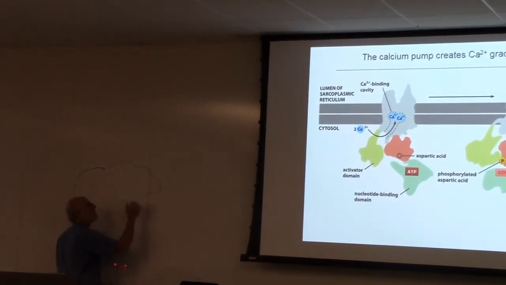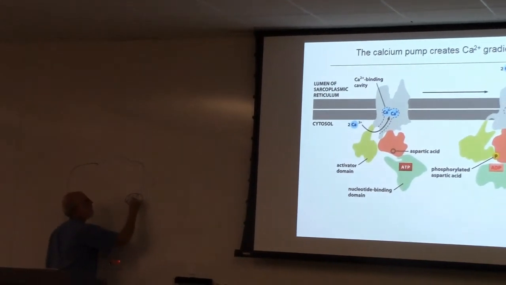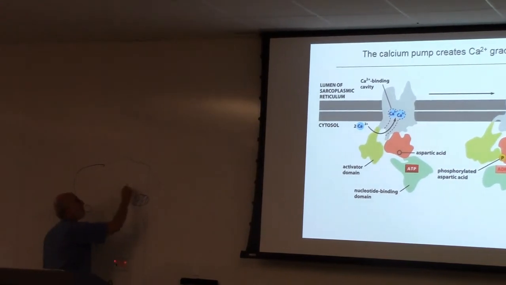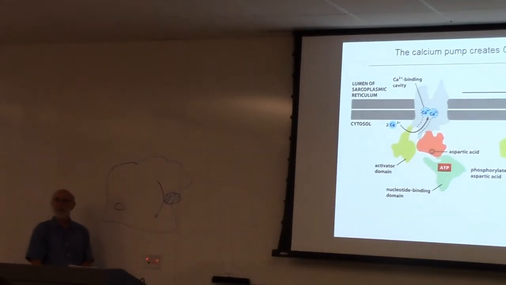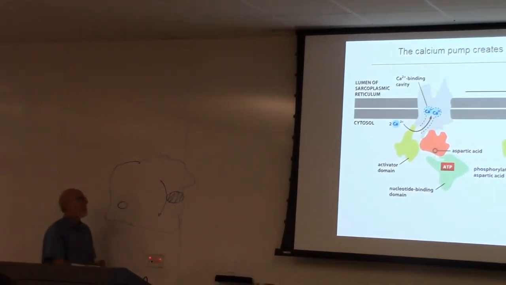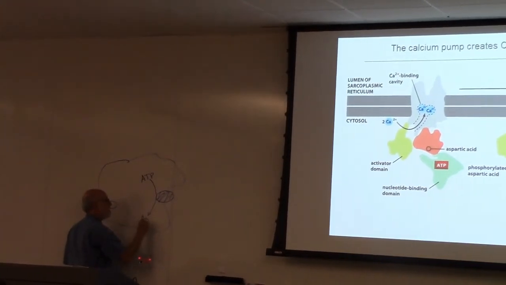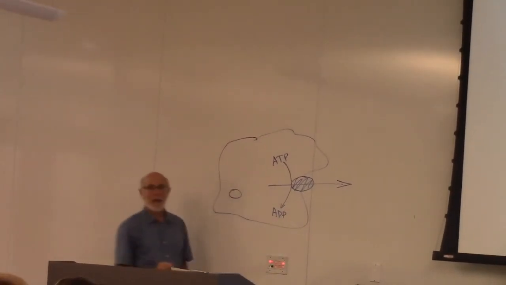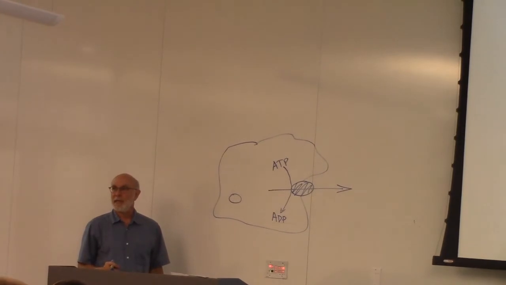So again, the blobbiest blobogram. There are calcium ATPases. What goes on the two sides of this arrow for an ATPase? ATP is hydrolyzed to ADP. What goes on that arrow for a calcium ATPase?